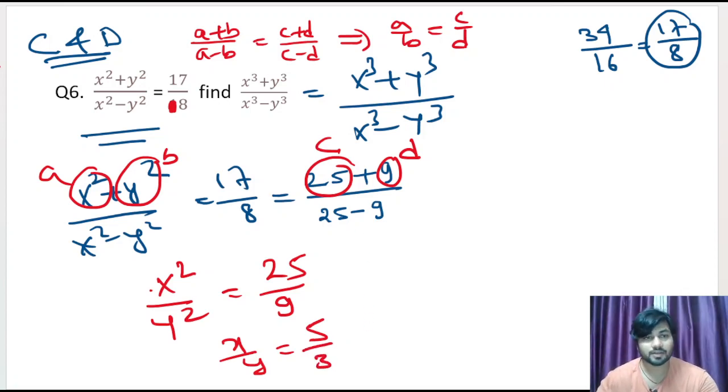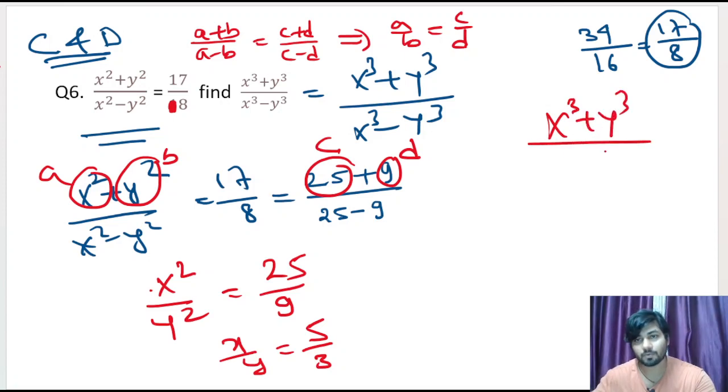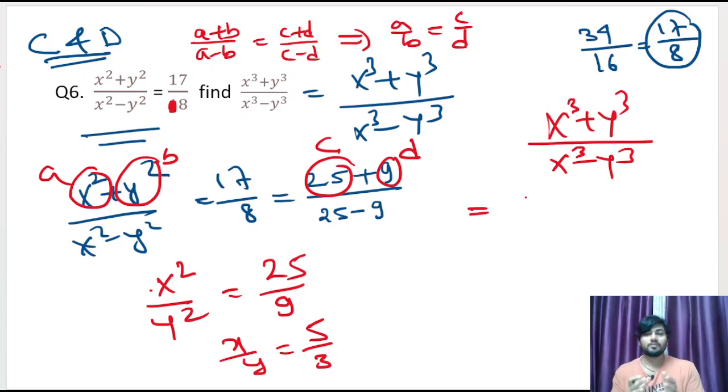And now what do I need to find? I need to find x cube plus y cube upon x cube minus y cube. So I can directly write the values. I don't need to convert the ratios into the actual values, because what I need to find is in ratio form only, that is the division part.